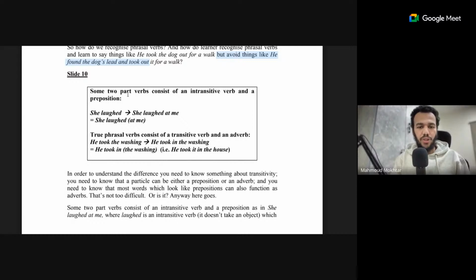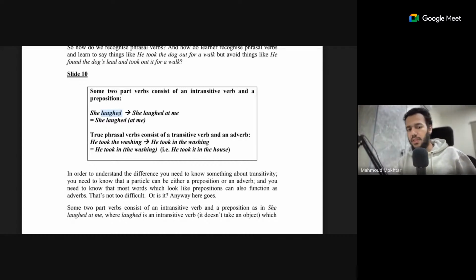Some two-part verbs consist of an intransitive verb and a preposition. She laughed. She laughed at me.